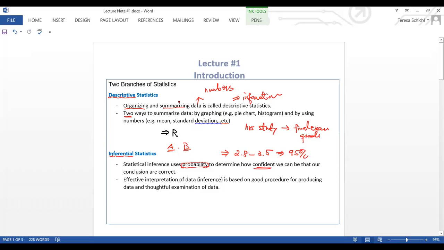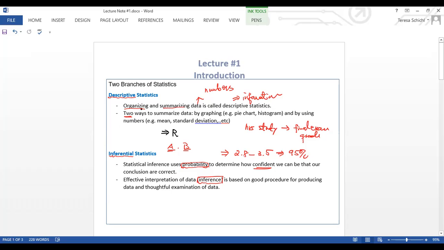So after you summarize and graph your data, I want to base my decisions on my statistics. That's why we say effective interpretation of the data. That's what we call inference. You make a conclusion based on a good procedure for producing data and a thoughtful examination of the data. When you just collect the data and leave it as numbers, we really cannot get useful information.